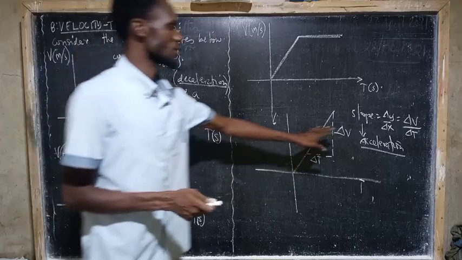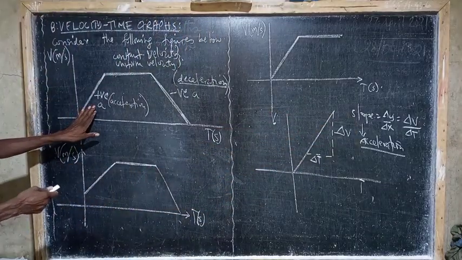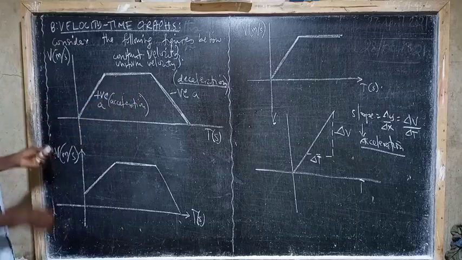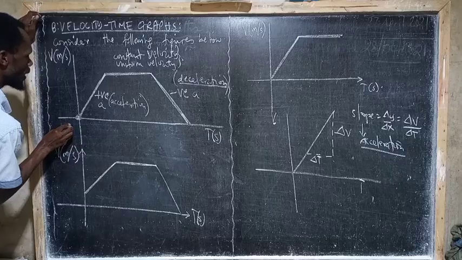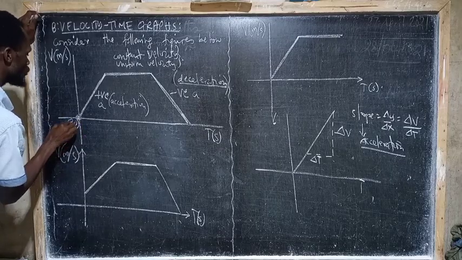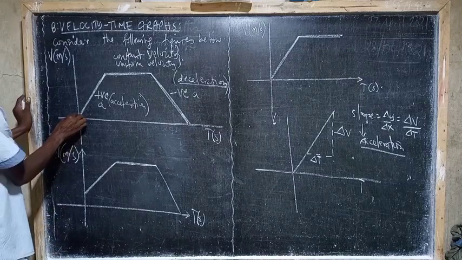And I've explained here. Sasa, when you want to interpret this graph, ukitaka kufanya tafsiri ya hii graph, manake this body starts at rest. It starts at rest, means velocity is 0 and time was 0. This is 0,0. This is at rest.